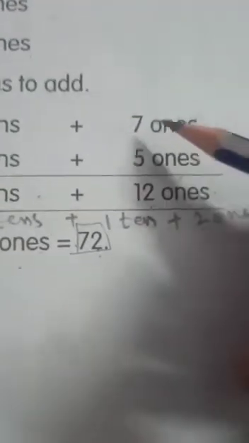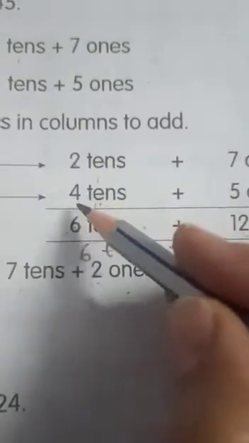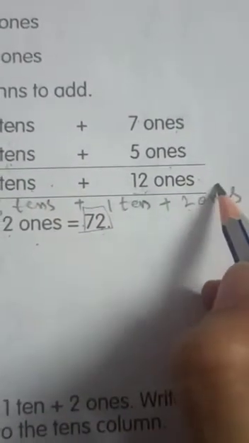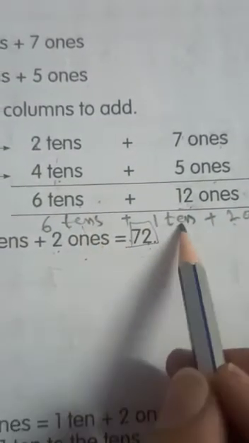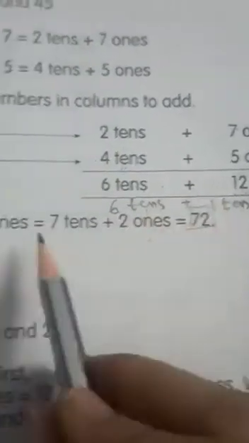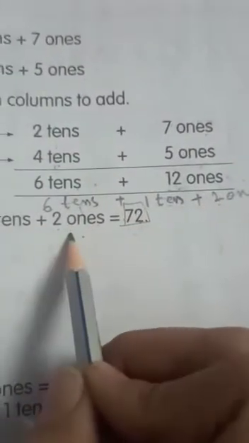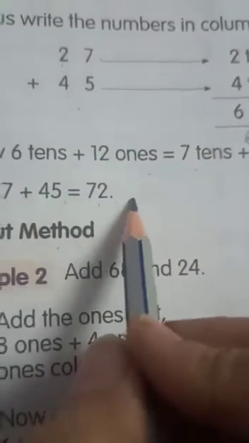Now let's add the ones. 7 plus 5 is 12 ones and 2 plus 4 is 6 tens. Now 12 ones can be written as 1 ten and 2 ones. Now add the tens. 6 tens plus 1 ten is 7 tens. 7 tens and 2 ones. So the number we got is 72. The sum of 27 and 45 is 72.